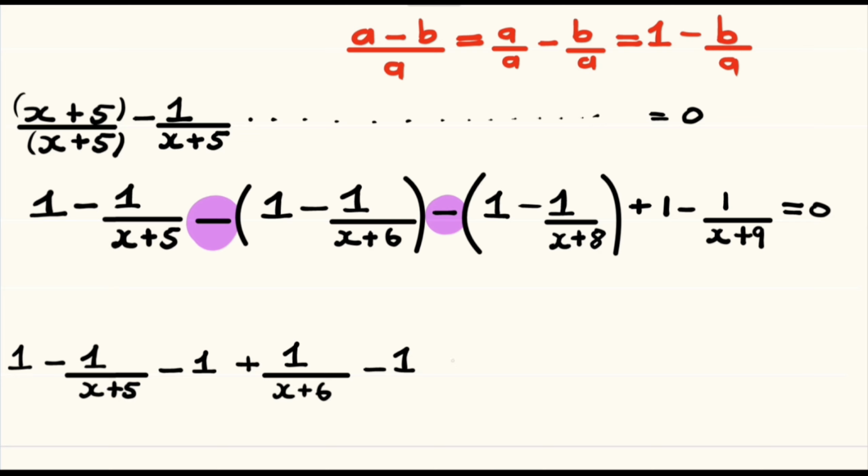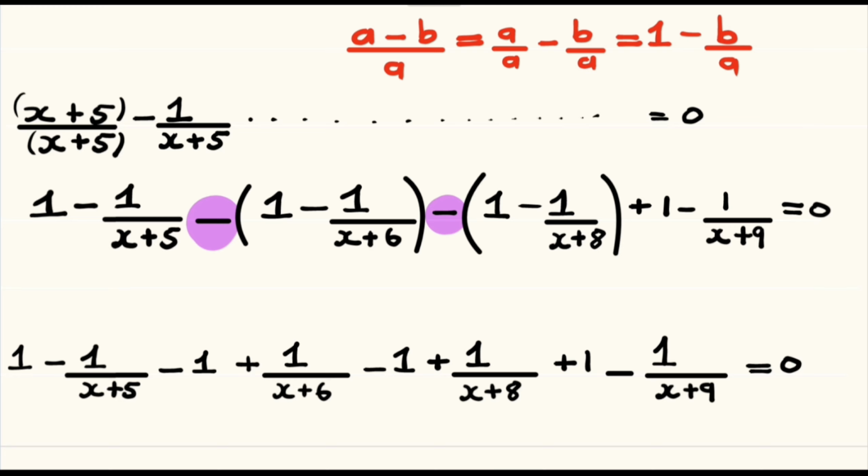The negative multiplied by negative 1 over x plus 8 will be equal positive 1 divided by x plus 8 plus 1 minus 1 divided by the x plus 9, and this will be equal 0.